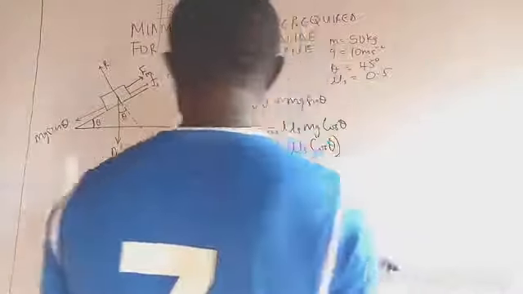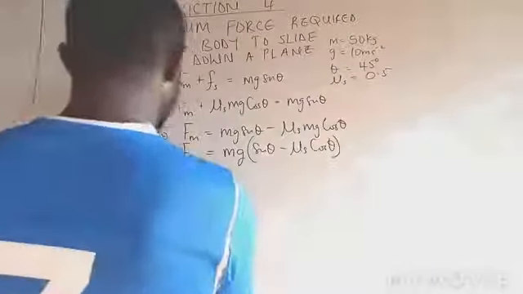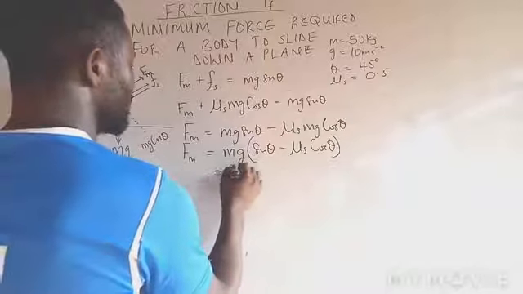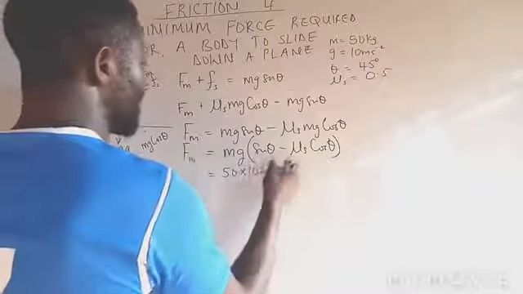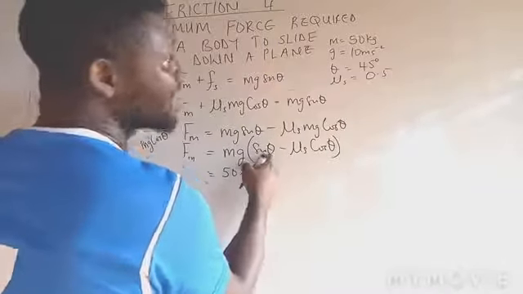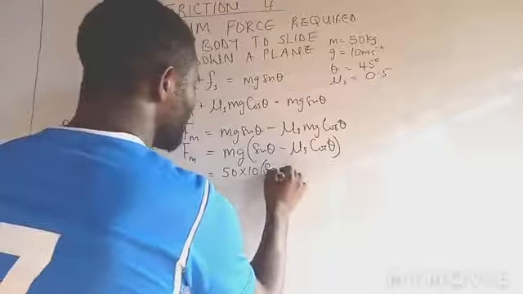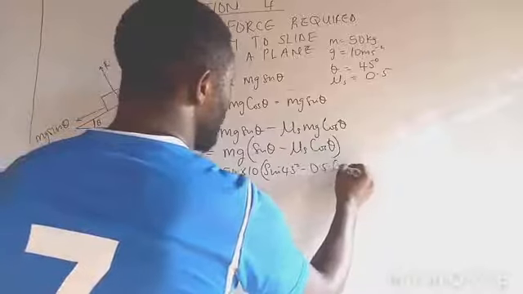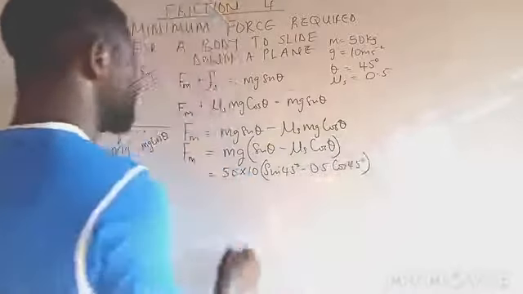Okay, so if I want to find my minimum force required now, mass is 50 kg multiplied by 10, open bracket, sine theta rather, and that will be sine 45 degree minus 0.5 cos 45 degree.